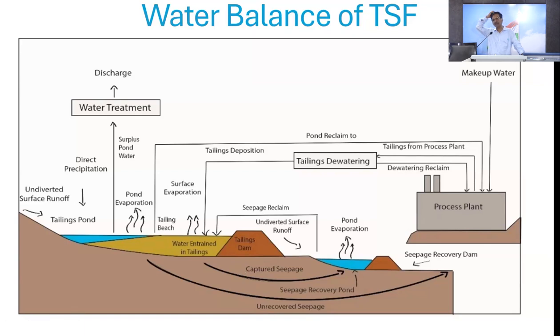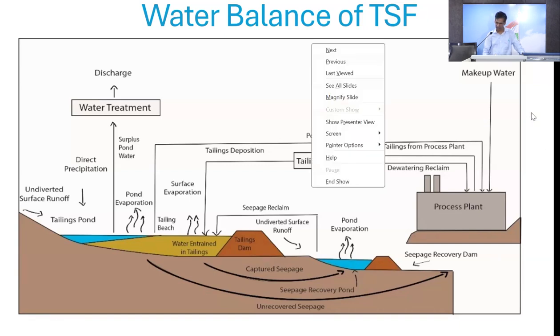Now when we are talking about zero discharge, that is another aspect where this may help you: providing another dam to retain the extra water coming out from the tailing dam. This water generally we don't take. If I can take it, then I can process it, do the required treatment, and reuse it or send it somewhere. So this is what is called the water balance of tailing storage facilities.